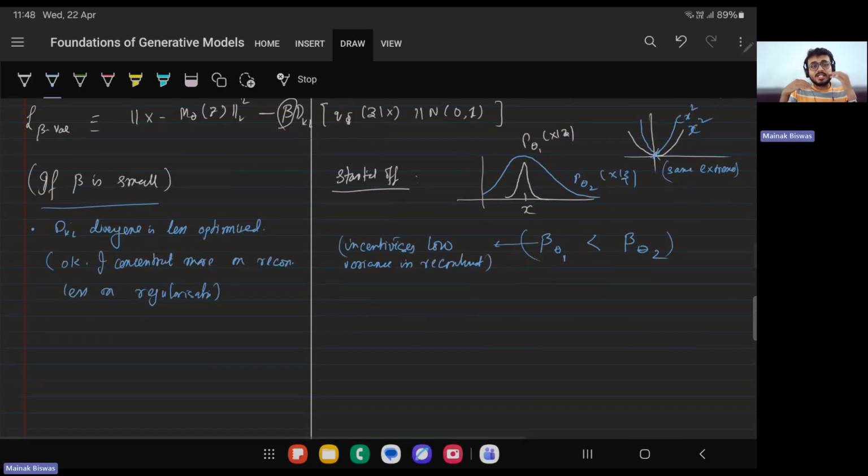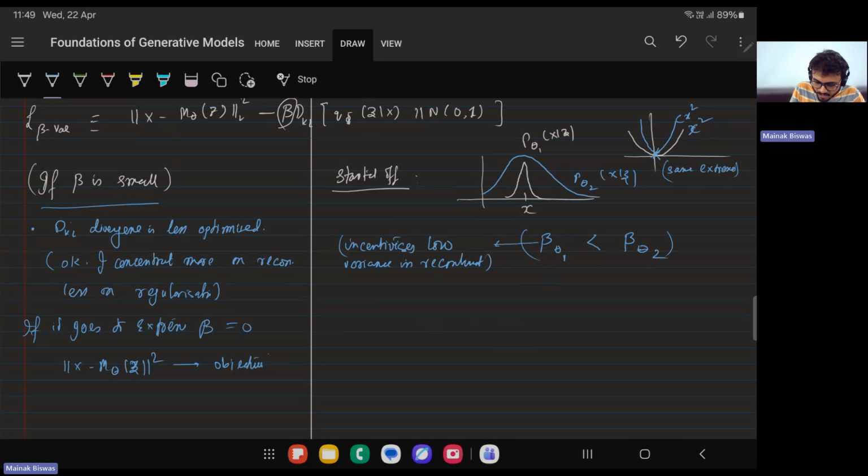If this goes to the extreme, that is beta equal to 0, then x minus m theta of z is just the objective, which means I have no generation ability.